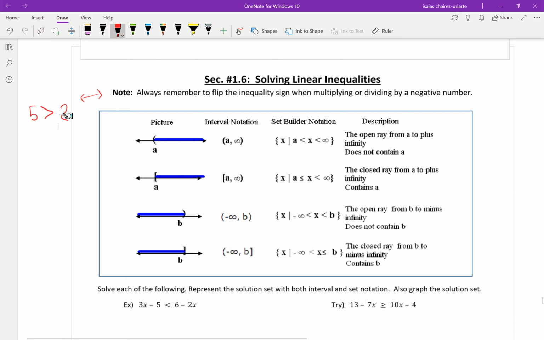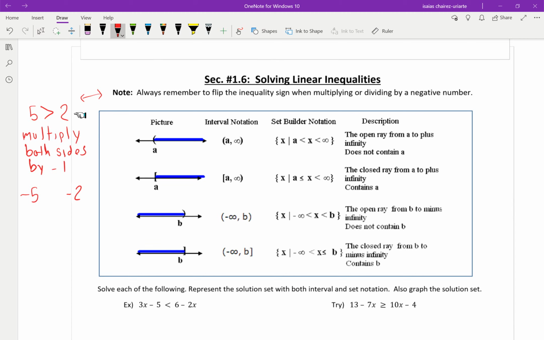Now imagine that I multiply both sides by negative 1. I end up with negative 5 and negative 2. But now which one's bigger? Negative 5 or negative 2?